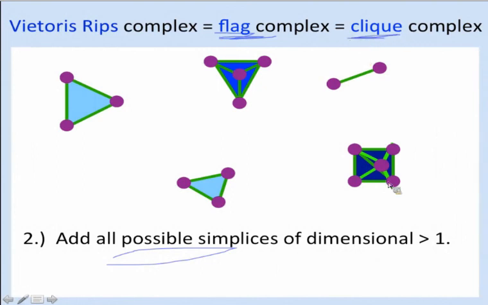A clique is where all your vertices are connected by edges. So I've got a clique right here, and so I get my clique complex where I create my highest possible dimensional simplex, throwing everything in, also called a flag complex.